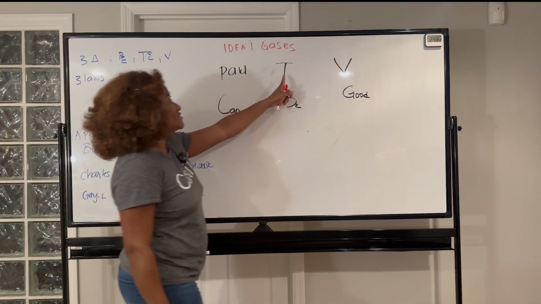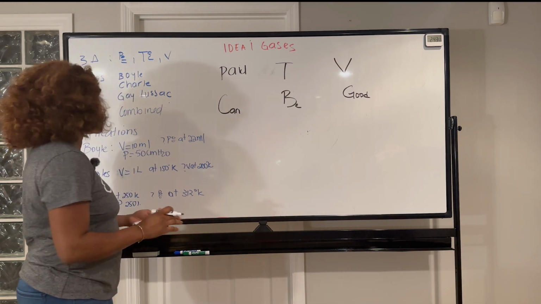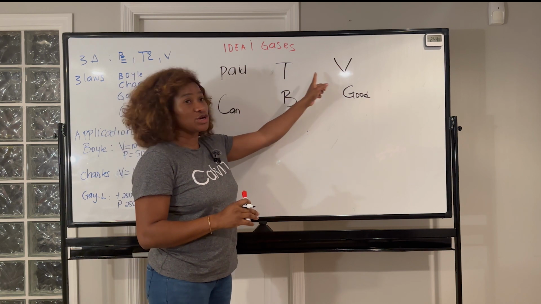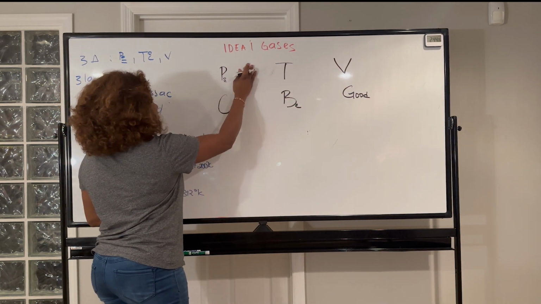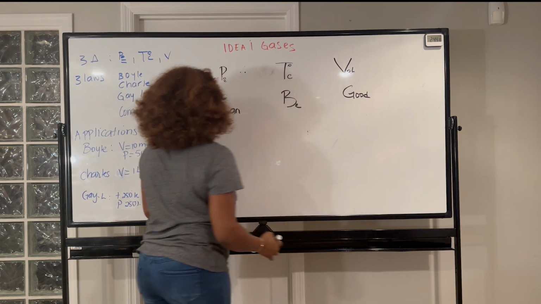So P, T, and V are going to be my variables for the different gases. The gases work according to the pressure, the temperature, and the volume. So I'm going to put pressure here, this is going to be my temperature, and this is going to be my volume.